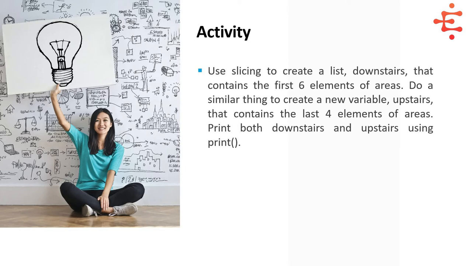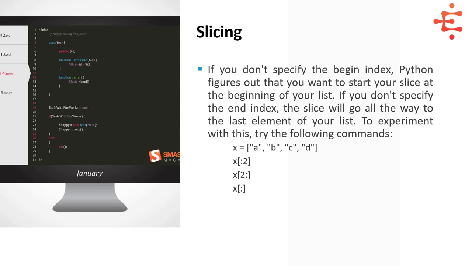Do a similar thing to create a new variable upstairs that contains the last 4 elements of areas. Print both downstairs and upstairs using print. So now let's study what is slicing. Then we'll be coming back to the previous slide, and then we'll be solving that question.